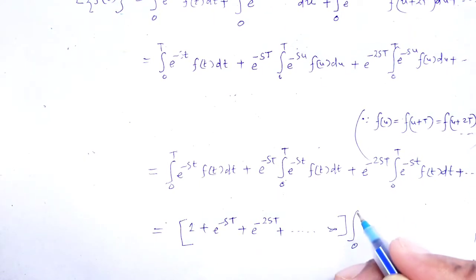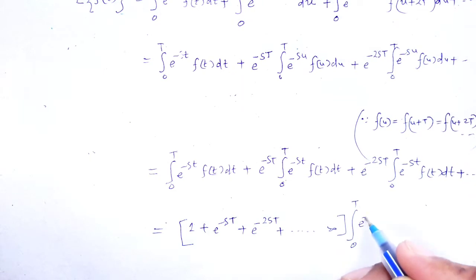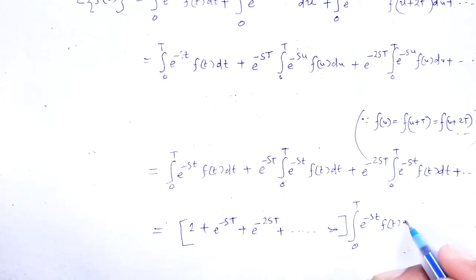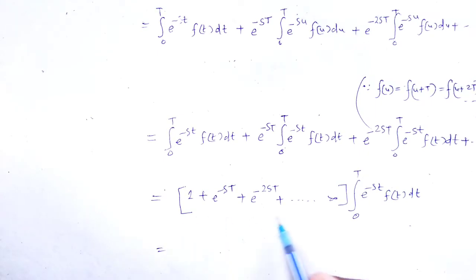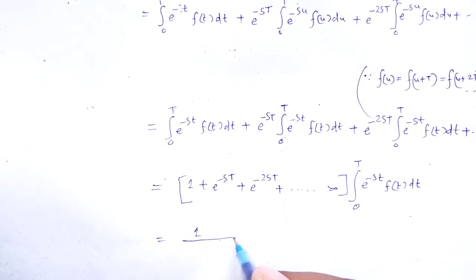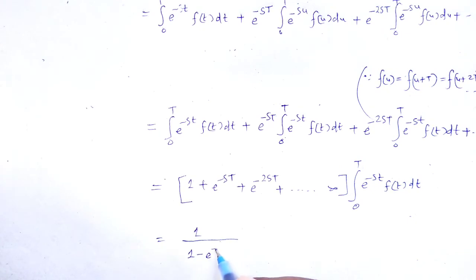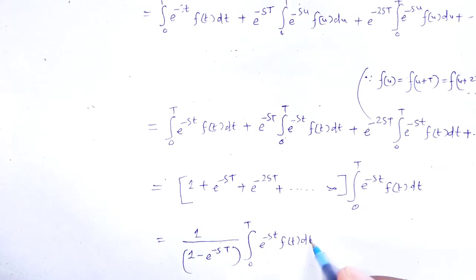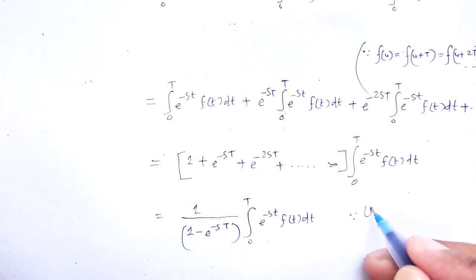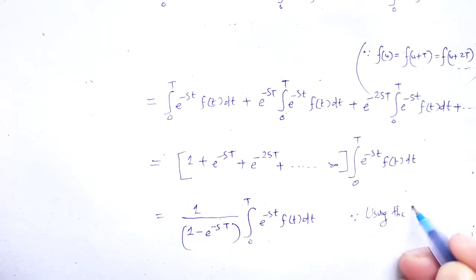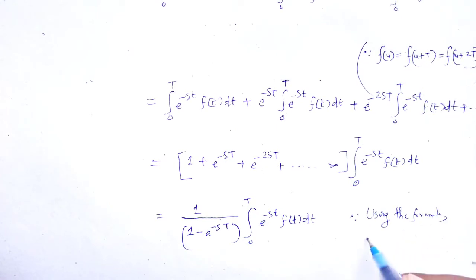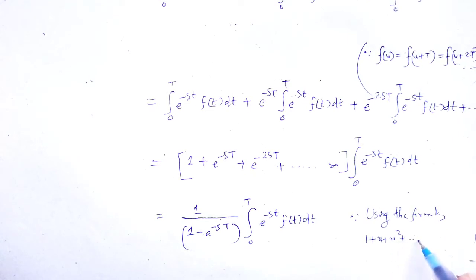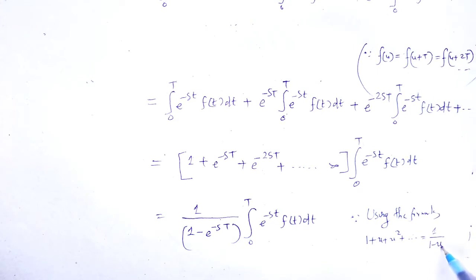Taken common, integral term 0 to T e to the power minus st f of t dt. That type of series is written as 1 divided by 1 minus e to the power minus sT integration from 0 to T e to the power minus st f of t dt, where we use the formula 1 plus u plus u square plus dot dot dot is 1 divided by 1 minus u.